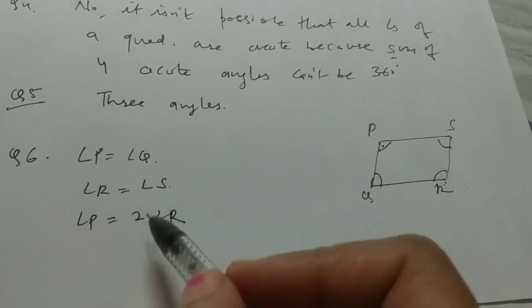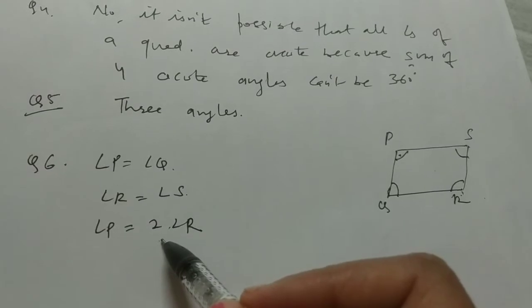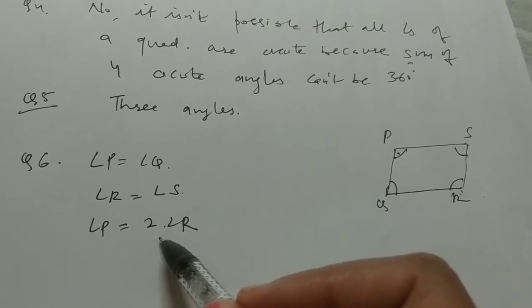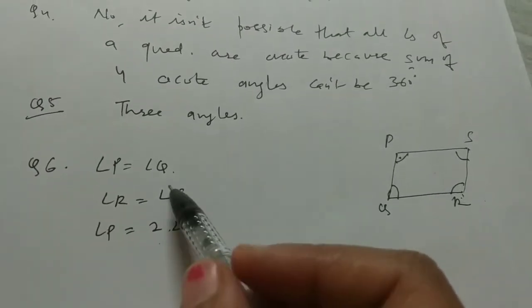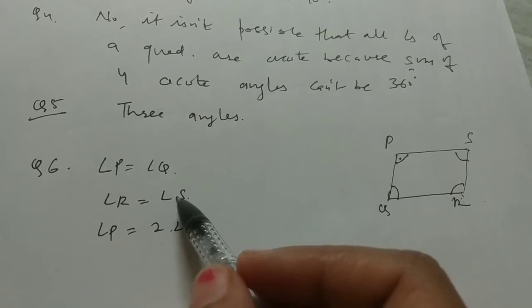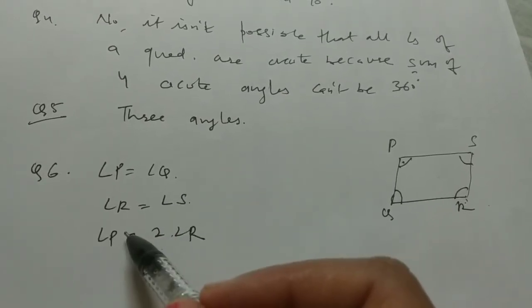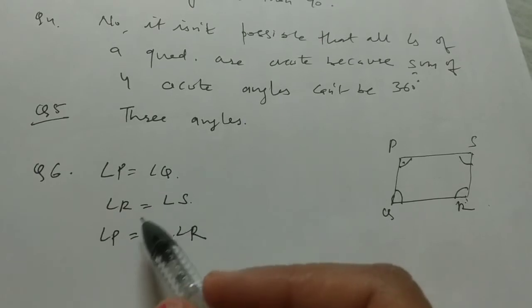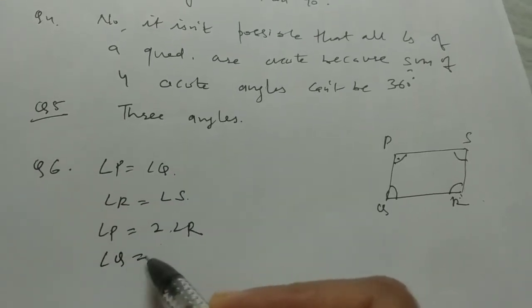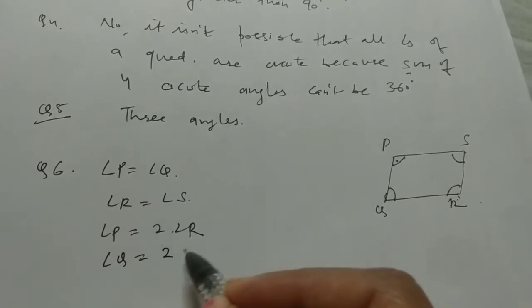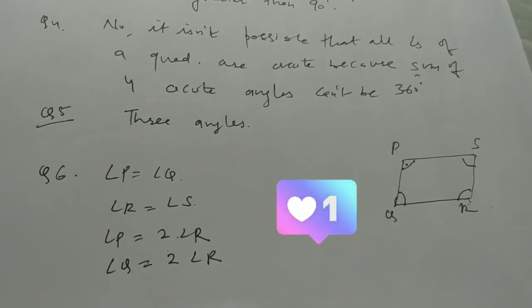So if angle R is equal to angle S, and angle P is equal to angle Q, then angle Q would also be equal to twice of angle R. Why?